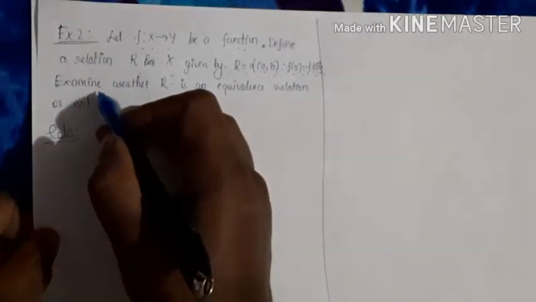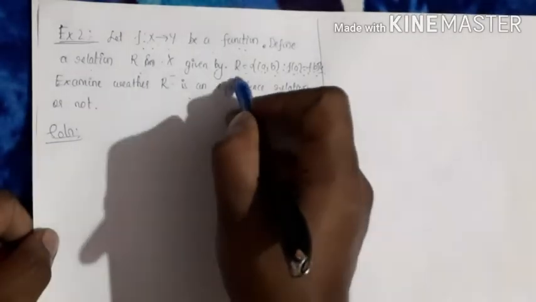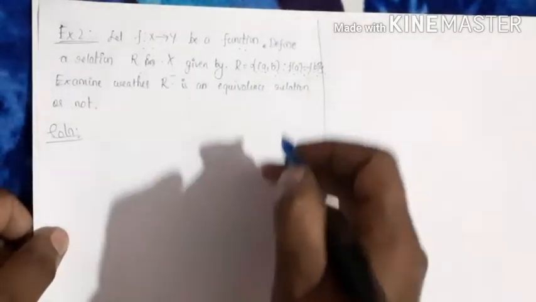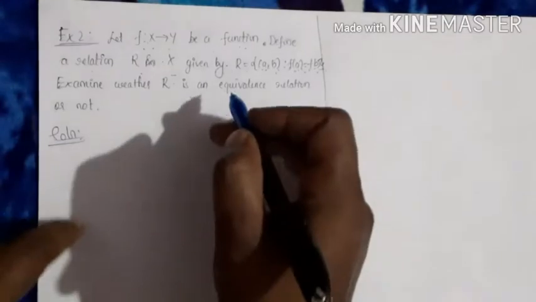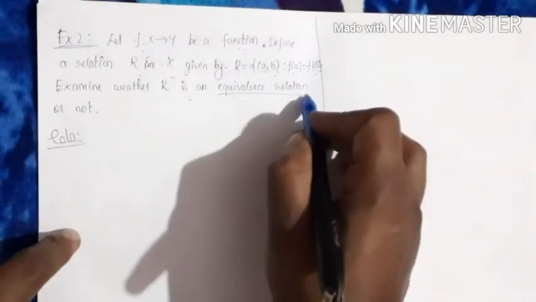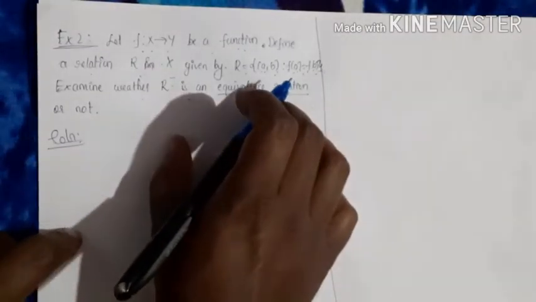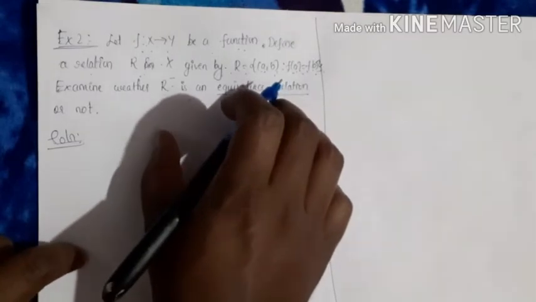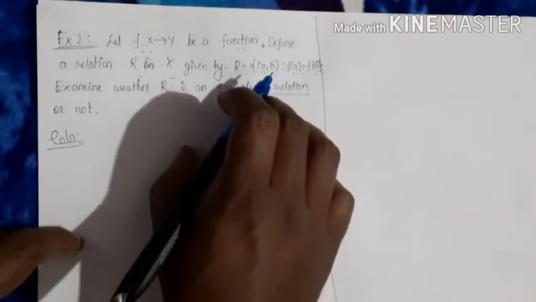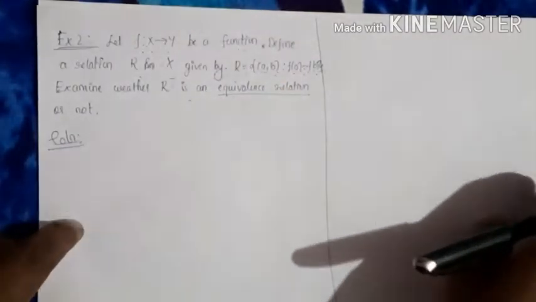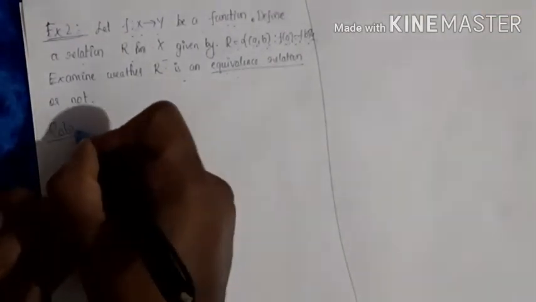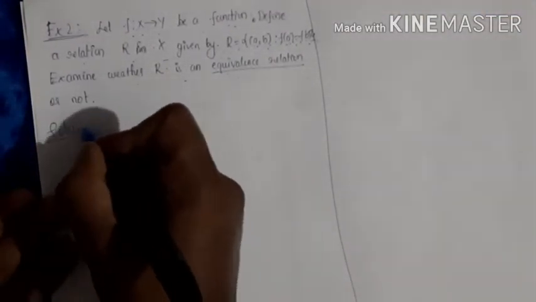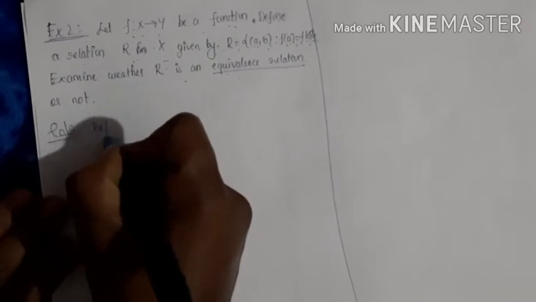Okay, so here we have to examine whether this relation is an equivalence relation or not. So, a simple example. In order to prove this is an equivalence relation, first we need to prove it is reflexive, next symmetric, and then transitive. Then only we can say that this is an equivalence relation. So solution. Now for reflexive.